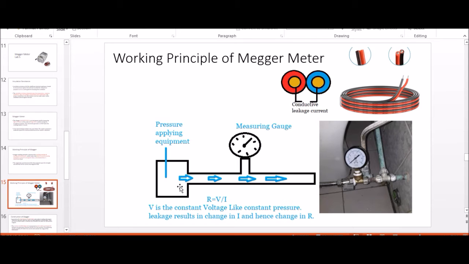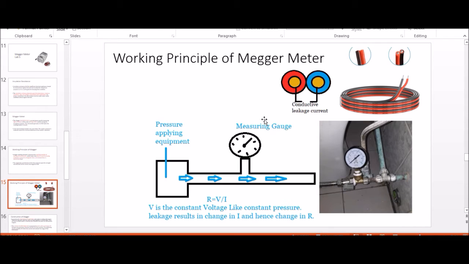With the help of that equipment he applies higher pressure in that pipe, and if there is a leakage then the measuring gauge shows a decreased value. Either it will be on maximum or it shows a decreased value, which means that there is some leakage present in your pressure pipe.